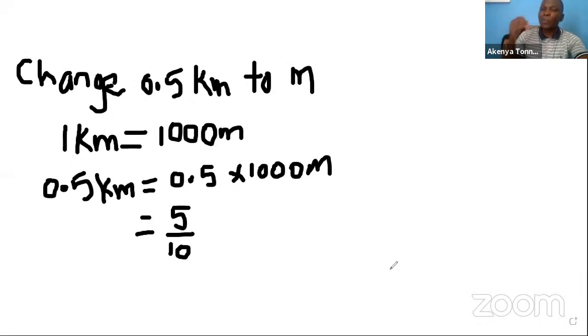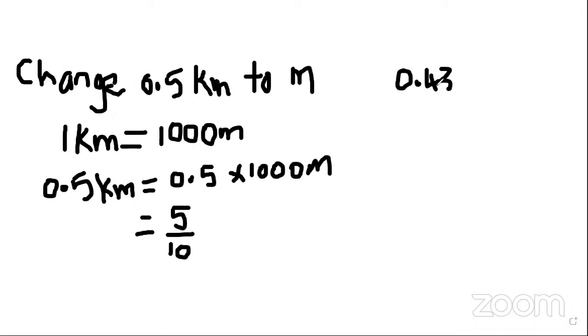When you have other numbers like 0.43, let me write it aside here. When you have 0.43, are you able to see it? It has how many decimal places? There are 2 decimal places.